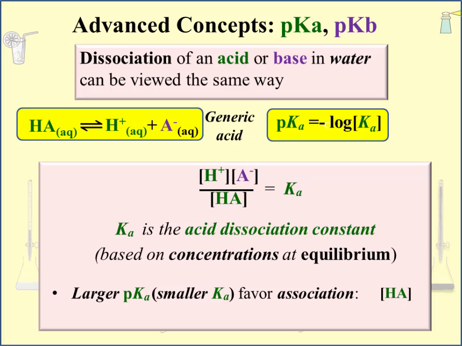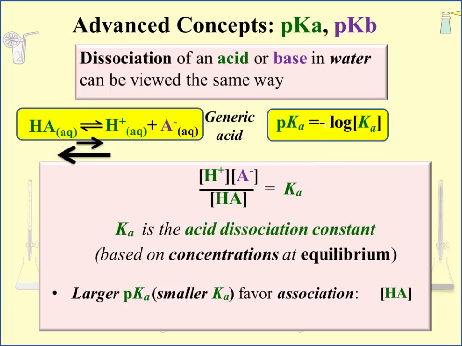These are weak acids. Remember that negative sign is there to make the negative exponent in the scientific notation into a positive number. Very small numbers have large negative exponents and will therefore have large pKa's or pH's or whatever P is being calculated.